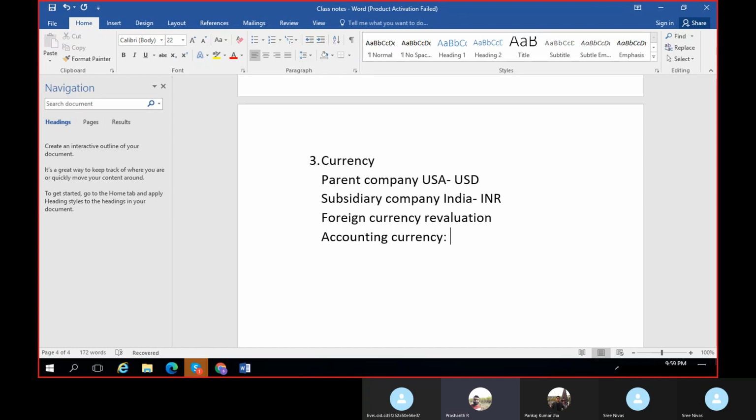Whereas the reporting currency would be like the headquarters, which is located in USA. They want to see all the transactions in their native currency, that is USD. So that is the reporting currency. Correct.